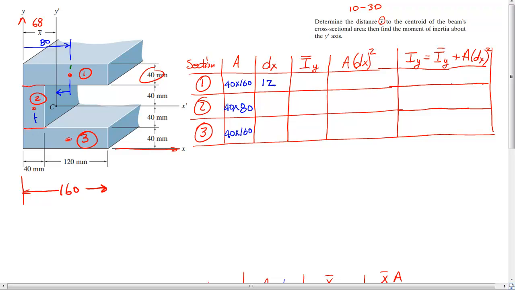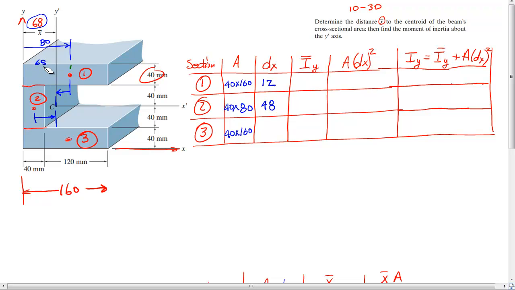Section 2, you're going to move to right here. Well, this is 20 and this is 68, so in other words, 68 to this line. Let me do it like this: 68, and this is 20, so this becomes 48.